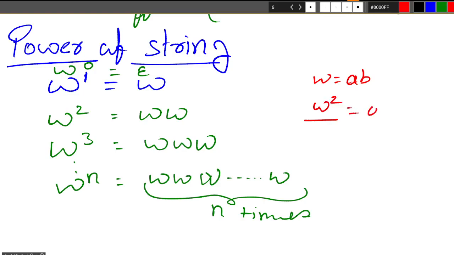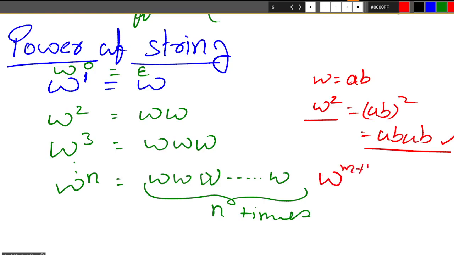It will be ab, ab. This is the way we write. Sometimes you may have something like w to the power m plus n. What does it mean? w to the power m concatenated with w to the power n. No problem.